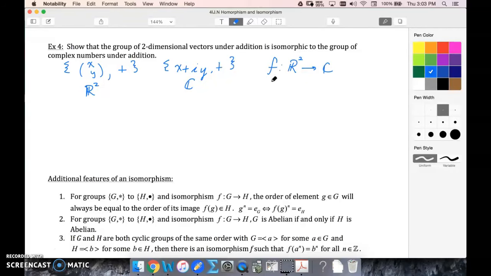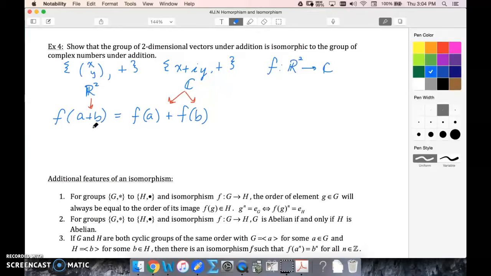We just need to look to see that f of some a plus b is the same as f of a plus f of b. So again, real number squared is going in here, and our complex numbers should be coming out here if we want to show that they're the same.